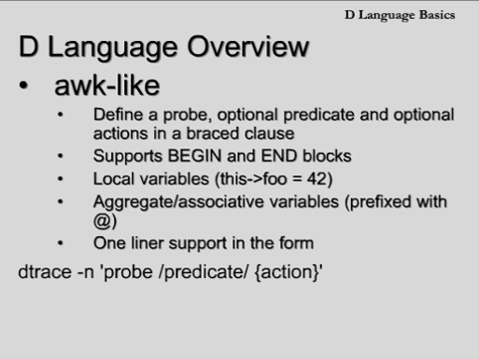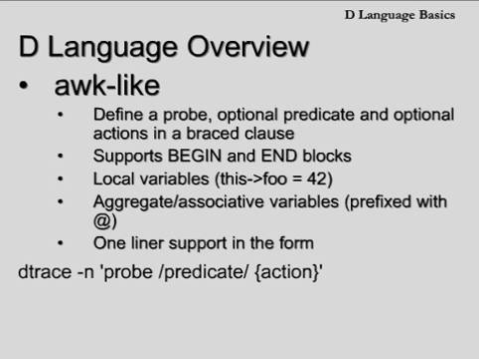And the reason that that's useful is you can do things like record timestamps. You can do things like set truth conditions. Those are all things that help you build really intelligent and sophisticated D scripts that let you do really sophisticated analysis of your code pathways. D also supports like 12 different aggregation functions. So it supports aggregated and associative variables.